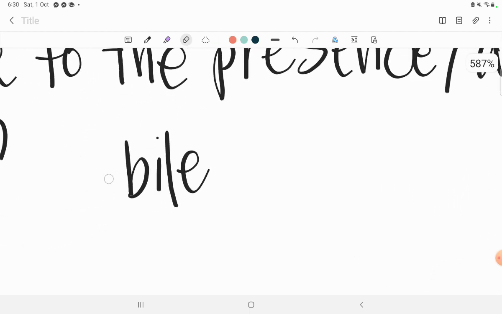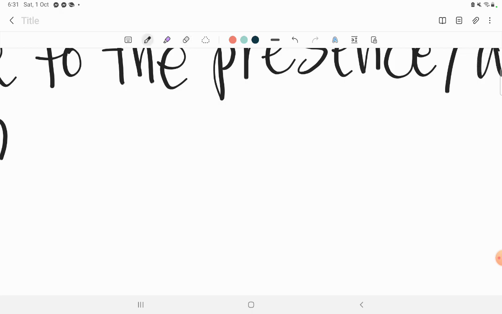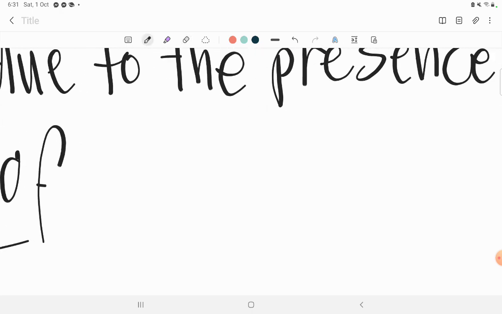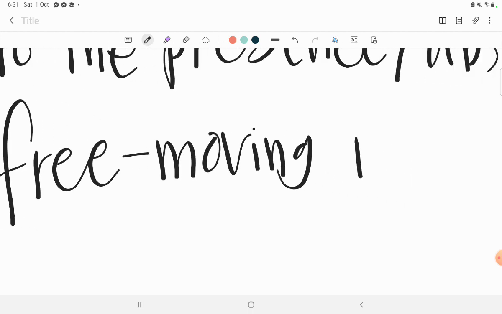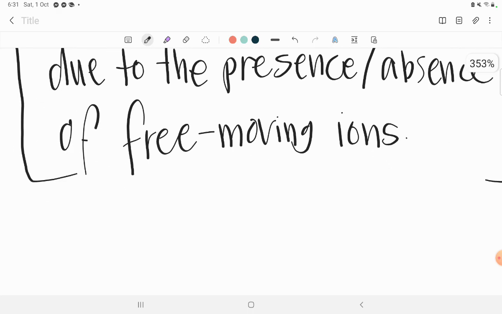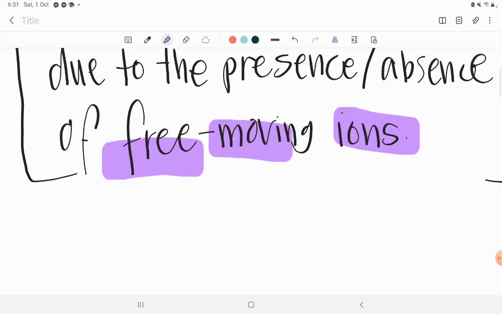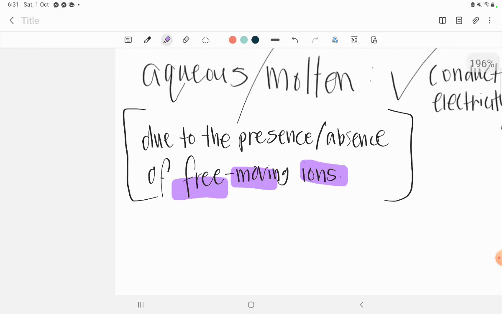I'm not sure why my notes put mobile. Maybe in physics we would say mobile electrons. So in chemistry we say free moving ions. Basically the ions are free to move about and carry charges throughout the entire substance.